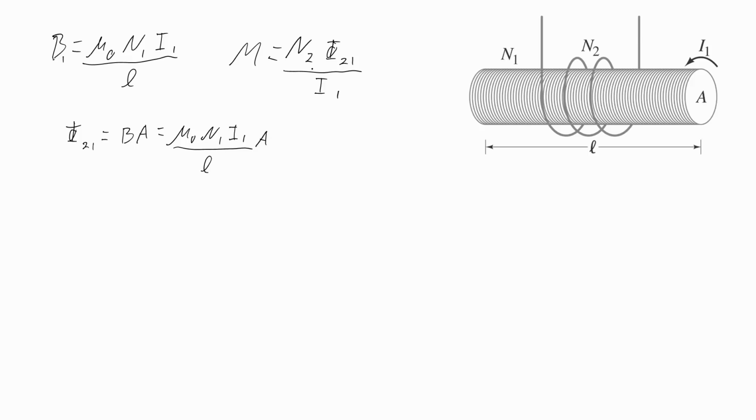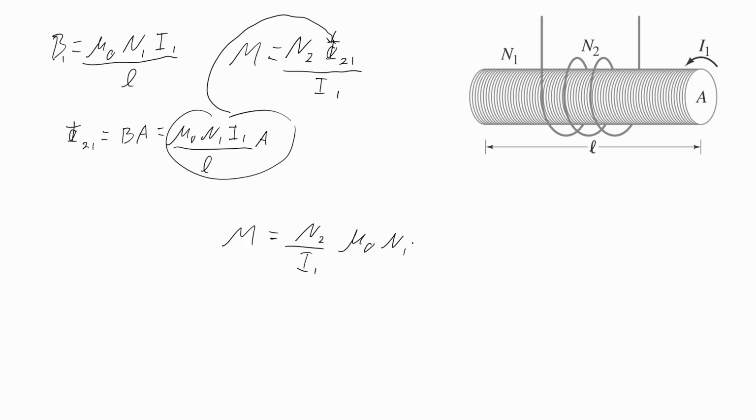Then I'm going to come back to this expression here. I'll jump down here so I have more room, and I'm going to plug in this guy for my flux here. So I've got N2 over I1 times this big sucker here, mu naught N1 I1 A all over L.